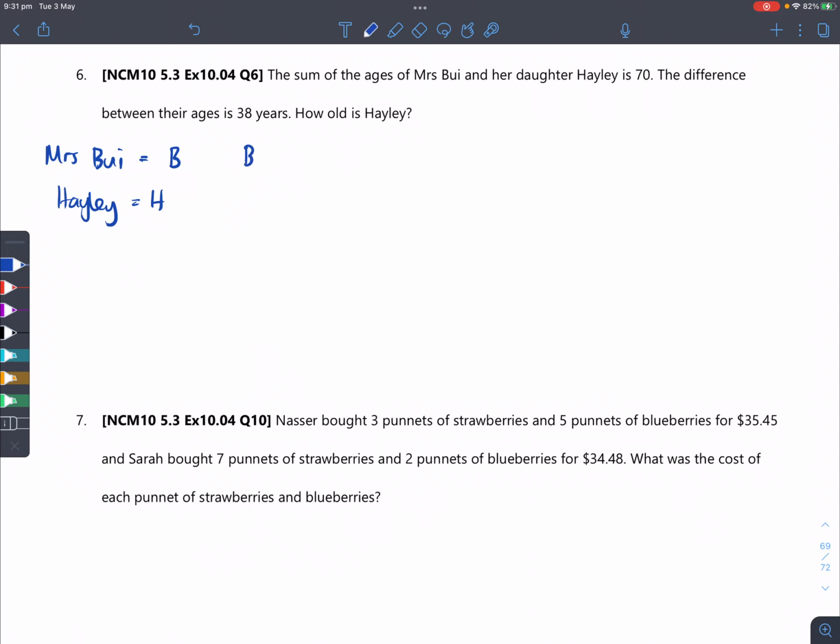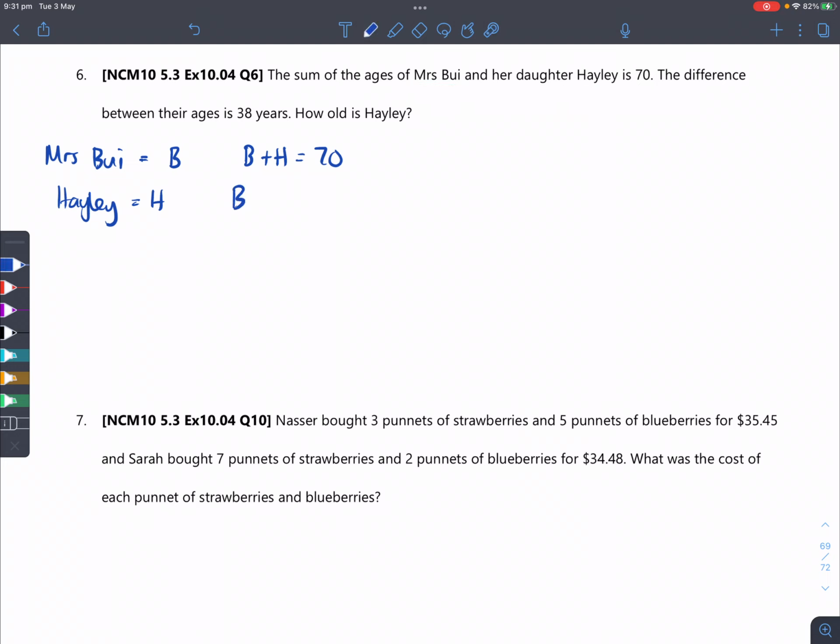Let's do B plus H to get 70, okay? The difference between their ages is 38 years. So just be very careful here, whether it's B minus H or H minus B. The daughter will be younger. So if you want to have the difference of their ages and it's positive, you must get Mrs. Bui's age minus Haley's age.